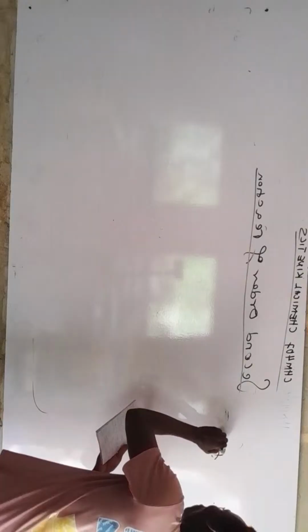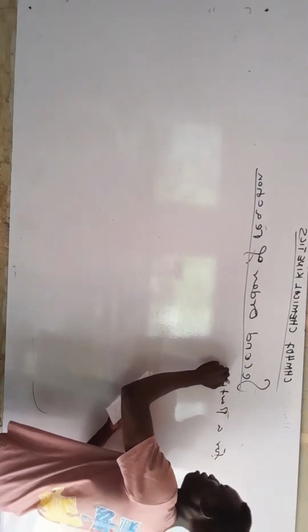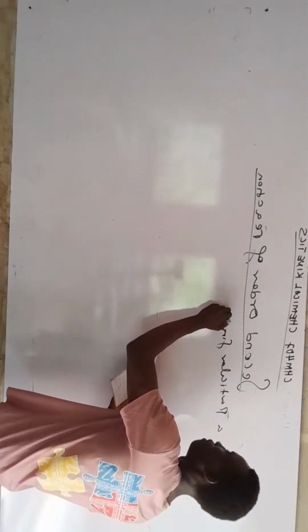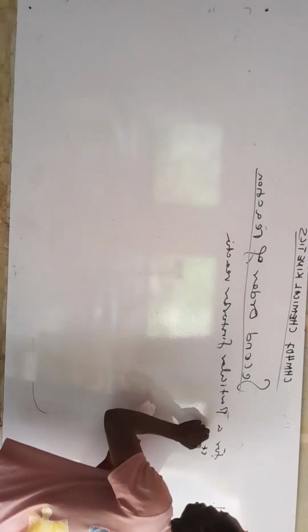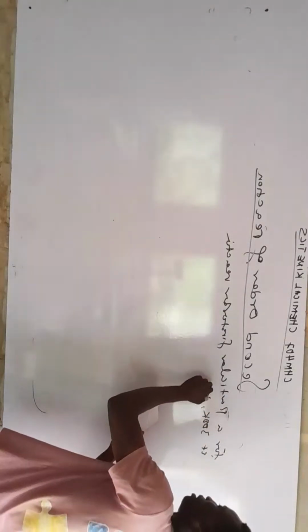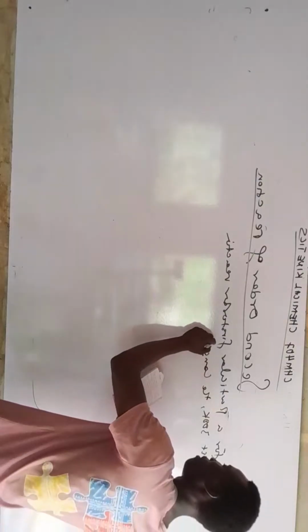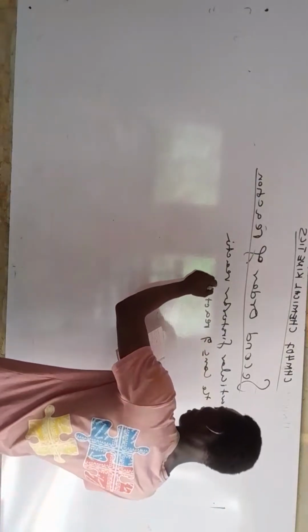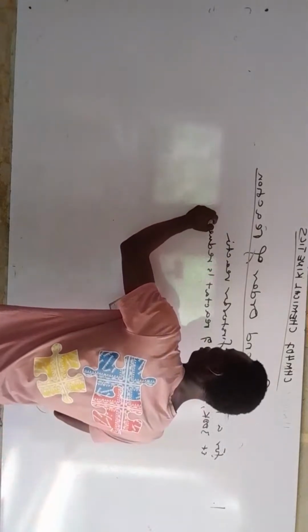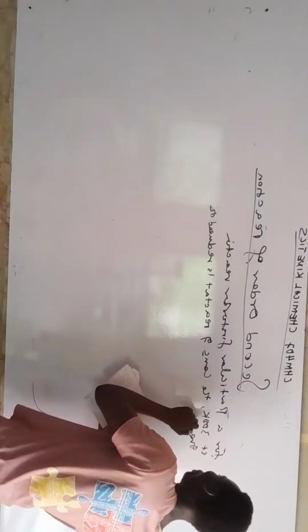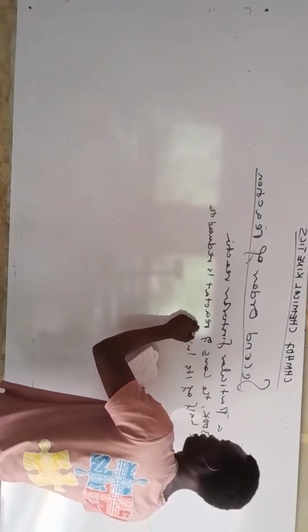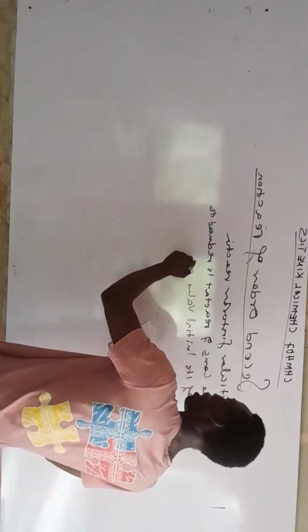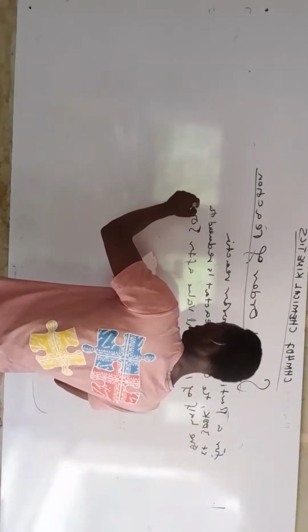The question says, for a particular first order reaction at 300 Kelvin, the concentration of reactant is reduced to 1/2 of its initial value after 5,000 seconds.